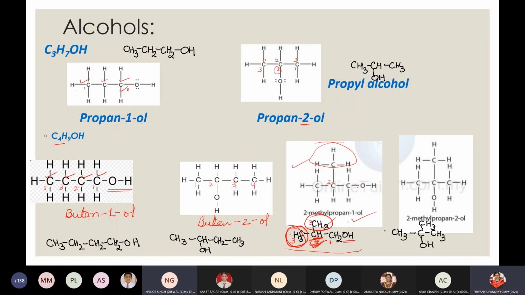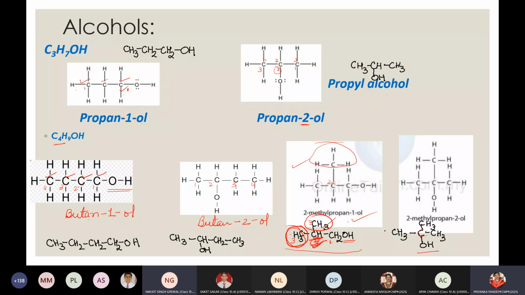Now we have one more variation here. In place of the OH group being present on the terminal position, it has shifted to the middle. Now this carbon becomes more responsible. It has not only one alkyl group, but also the main functional group of the compound, that is alcohol. So how to name this? Just specify the number of the carbon atom on which this functional group is present.